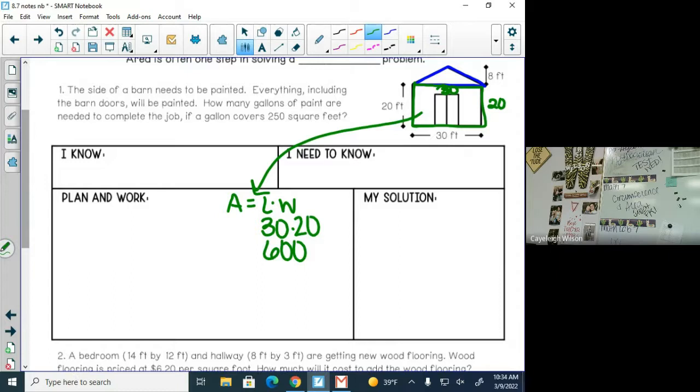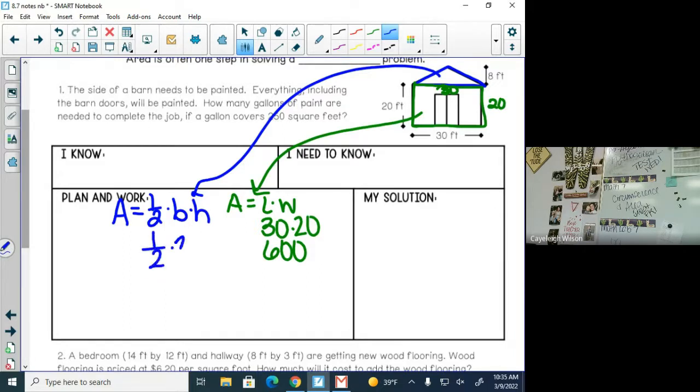All right, now I'm going to find the area of my triangle. So I know that a triangle is 1/2 times base times height. Okay. Chevy, what's the base of my triangle? 30, because it's the bottom. So that's 1/2 times 30. Okay.